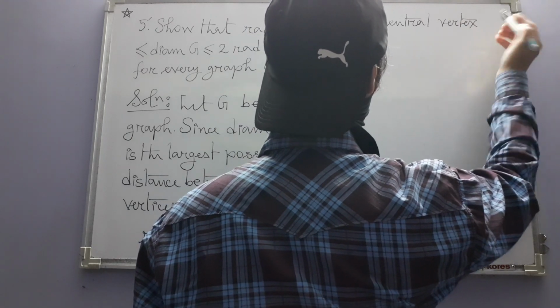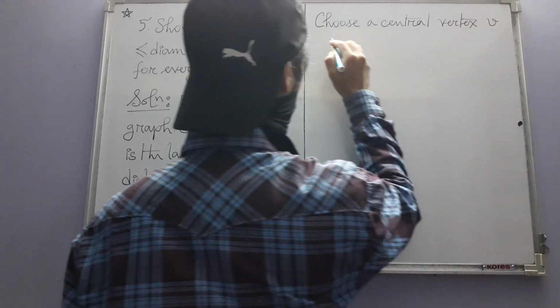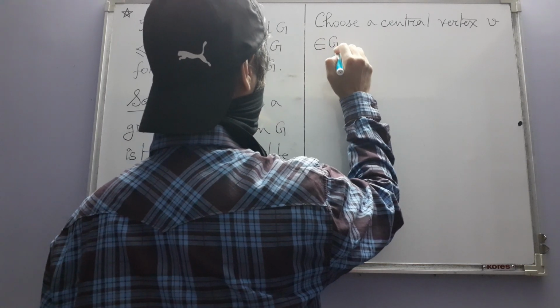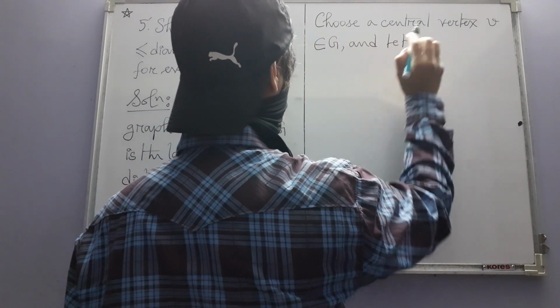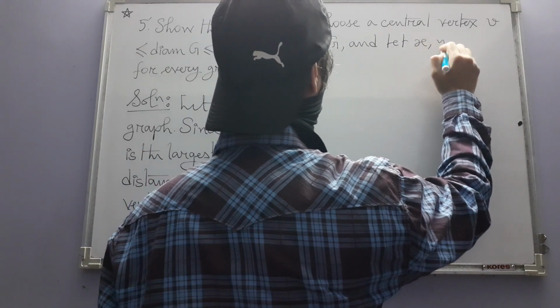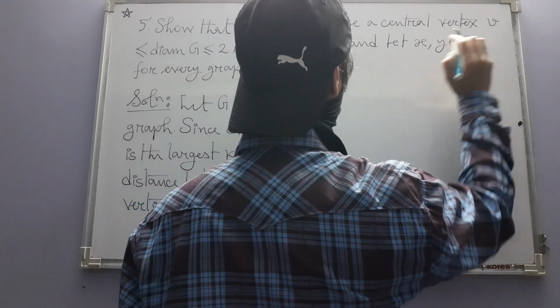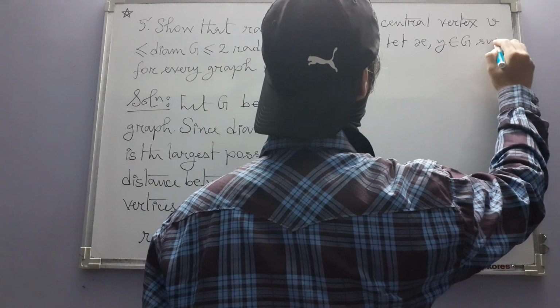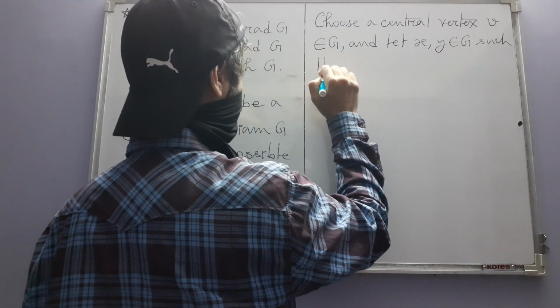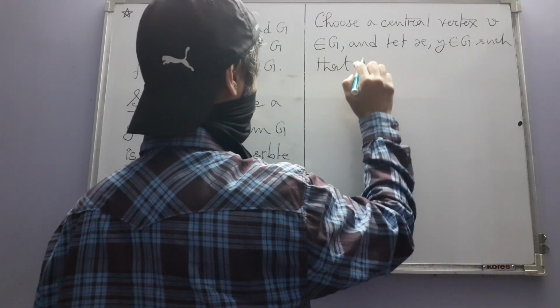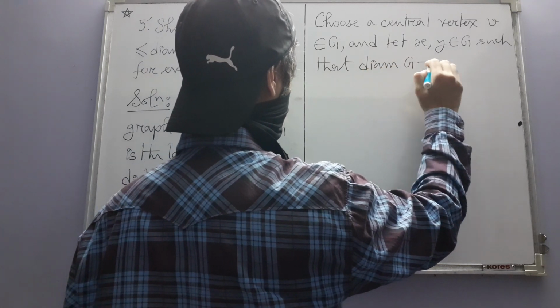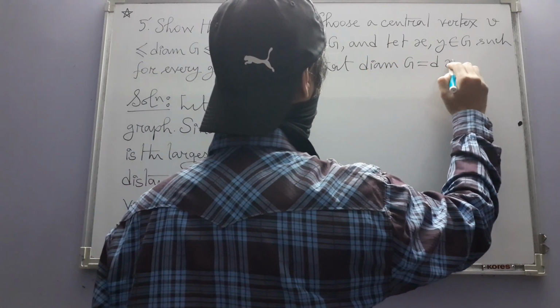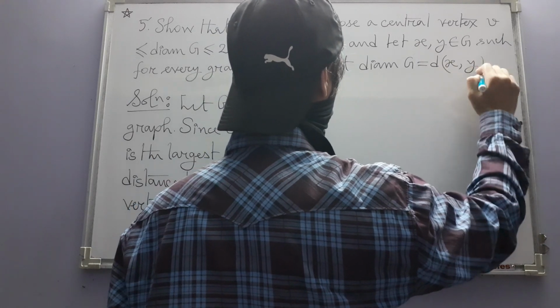Say, we can name it anything, say V in G, and let X and Y be vertices in G such that the diameter of G is equal to the distance between X and Y.